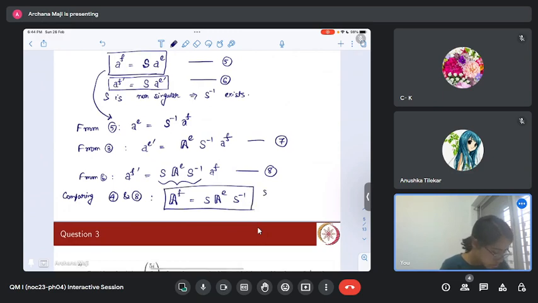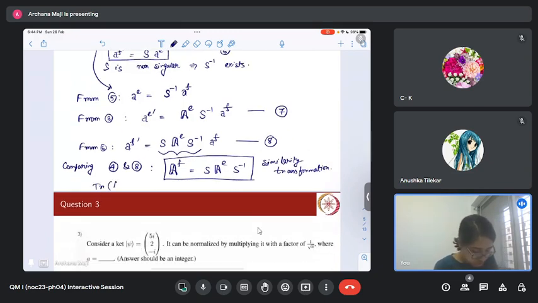This is also called similarity transformation. We know trace is cyclic, so trace of A in F basis will be equal to trace of S A in E basis S inverse. But since trace is cyclic, S inverse will give you identity and you will be left with trace of the A in E basis.